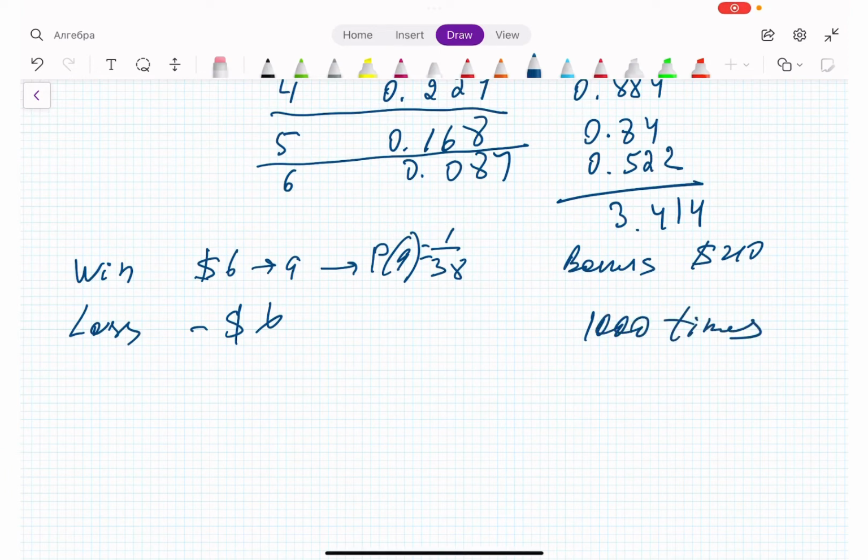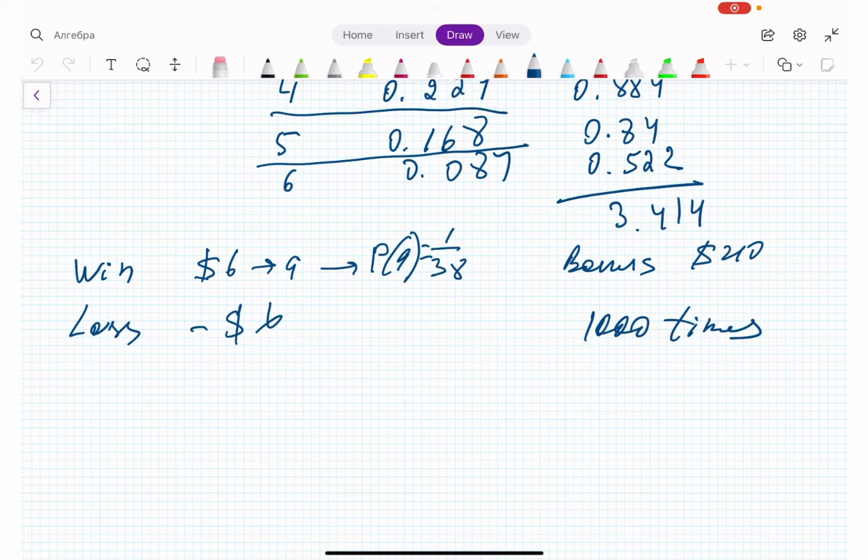Note that expected value is the amount on average. Okay, so what do we have? This is how we are going to solve this problem. We need to find expected value. All right? Okay.